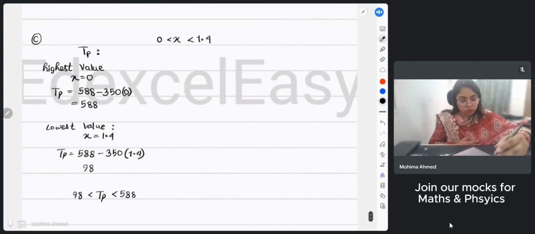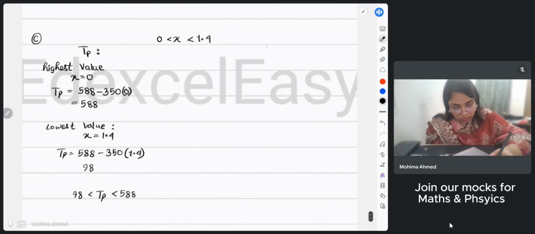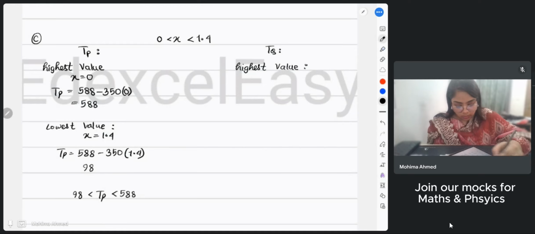So for tension at point Q, when x equals 0, TQ is 98 plus 350 multiplied with 0, which is only 98.